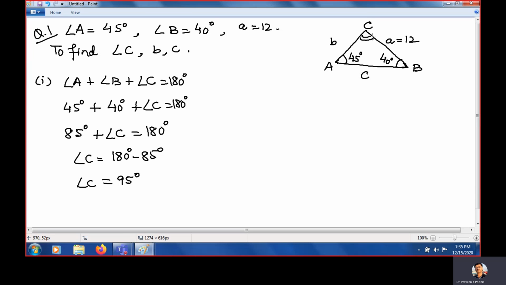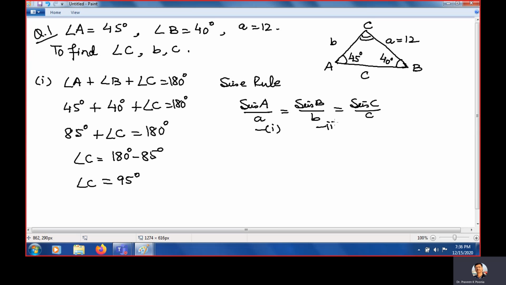Clear? Now, because we know all the 3 angles, what is the sine rule? We will write here. It is sine A upon A is equal to sine B upon B is equal to sine C upon C. And we can take any 2 pair. You can take first and second, second and third, or first and third.